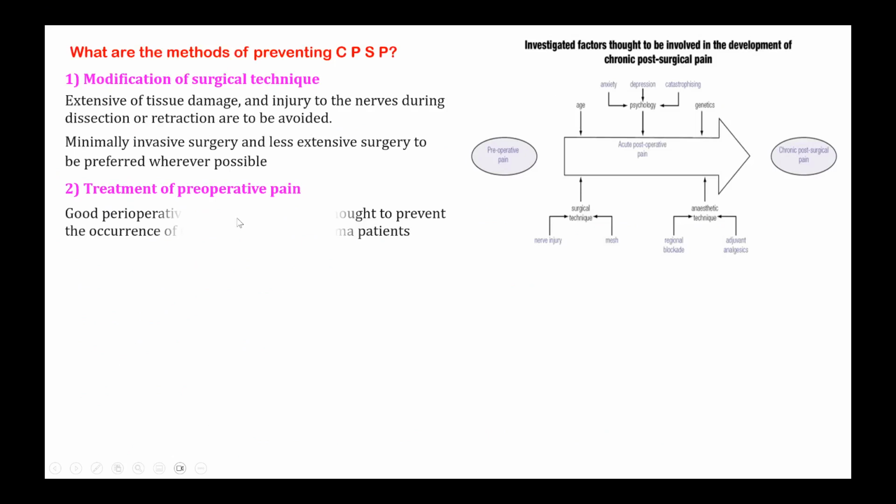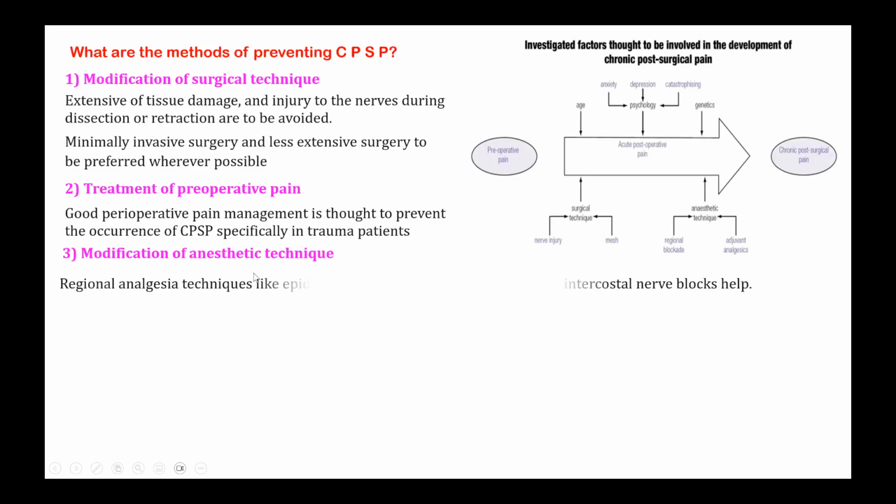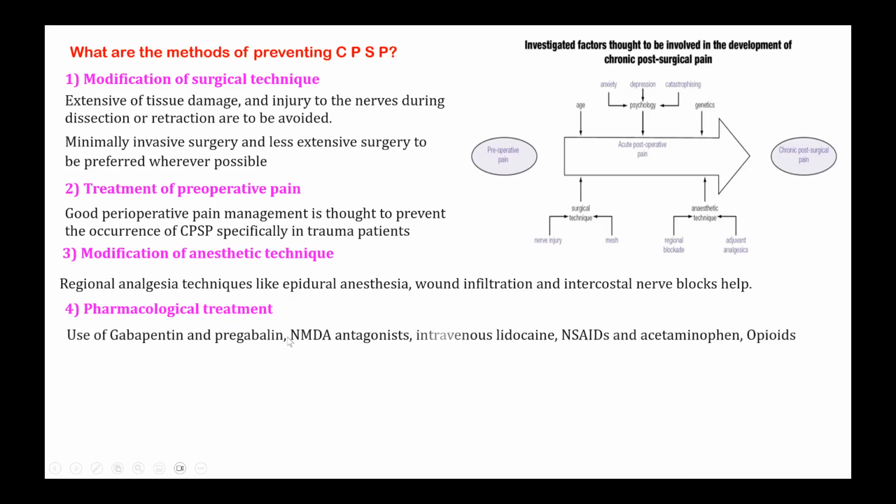Treatment of preoperative pain with good pain control, and modification of anesthetic technique by employing regional anesthesia wherever possible, with nerve blocks or wound infiltration, etc. Then pharmacological treatment in the form of gabapentin, pregabalin, NMDA antagonists, lidocaine, NSAIDs, acetaminophen, and opioids. Psychological intervention like preoperative counseling, talking to the patient and getting their confidence. All these things go a long way.